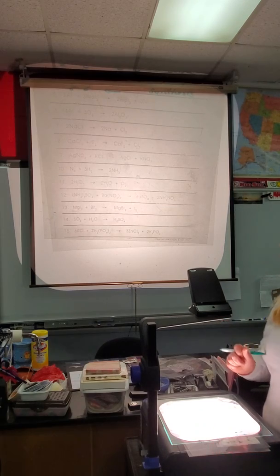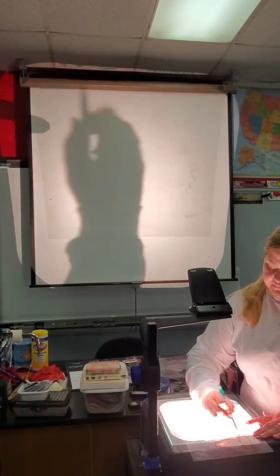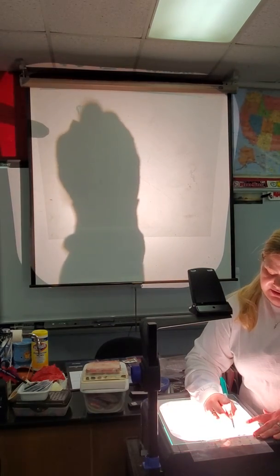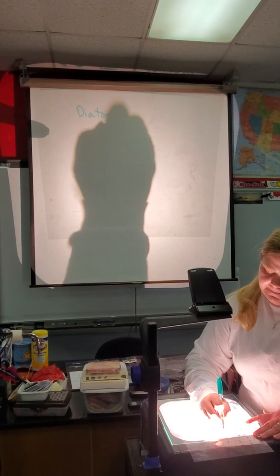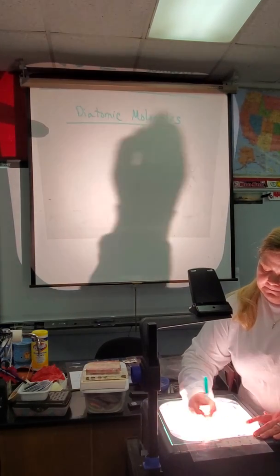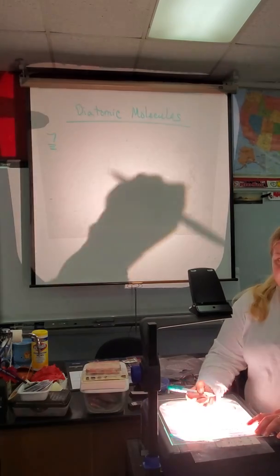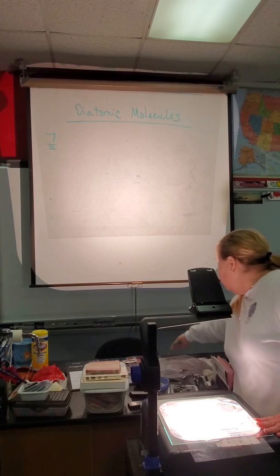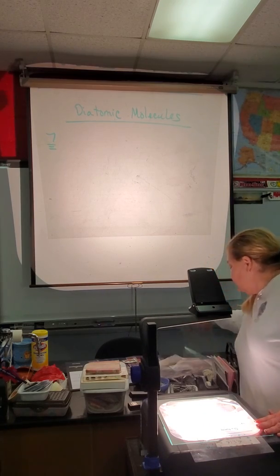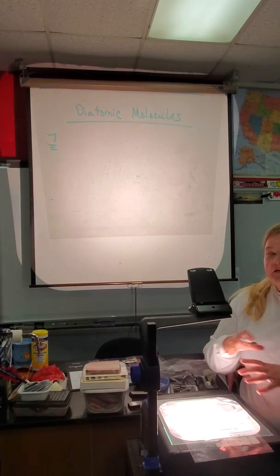Now, the next thing I want to talk about is diatomic molecules. There are 7 diatomic molecules. Now, they are written like this.